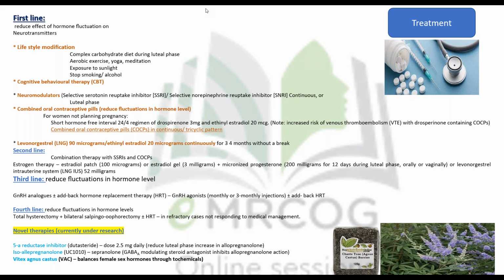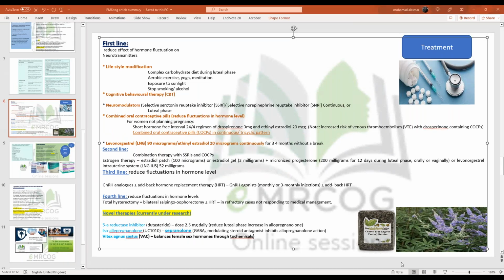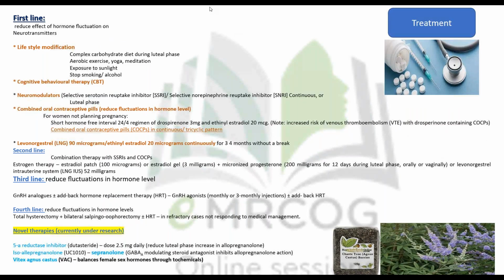So remember, it all starts from the brain, and we want to work at the brain level, trying to reduce the allopregnanolone and also trying to get the neurotransmitters GABA and glutamate back in balance. Anybody have any questions so far?